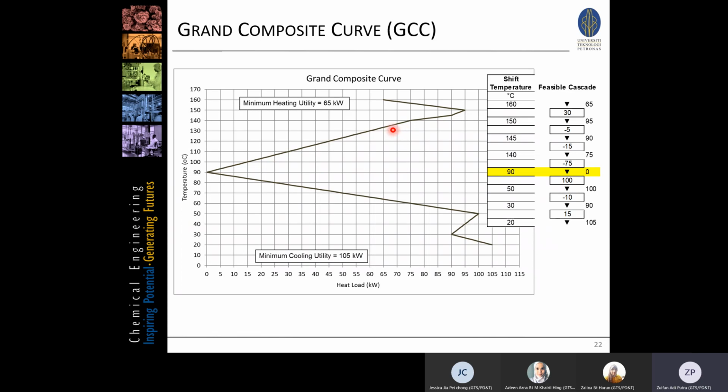For example, this area over here is what we call pockets. The area that is covered by the two curves, that one and that one, this overlapping area is what we call the pocket, and this is typically the area where the process can fulfill the heating requirement by itself.